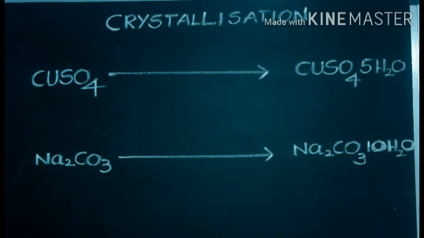Copper sulfate crystals have the formula CuSO4 5H2O. Sodium carbonate crystals have the formula Na2CO3 10H2O. This is copper sulfate powder, anhydrous copper sulfate. This is hydrated copper sulfate or copper sulfate crystals, CuSO4 5H2O.